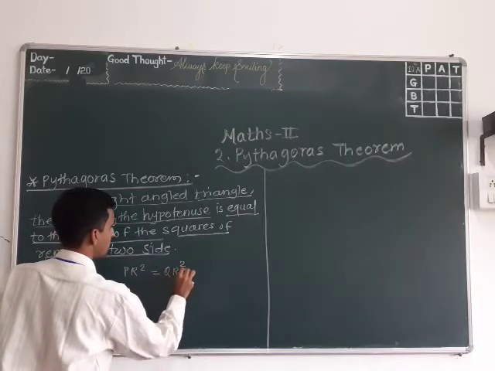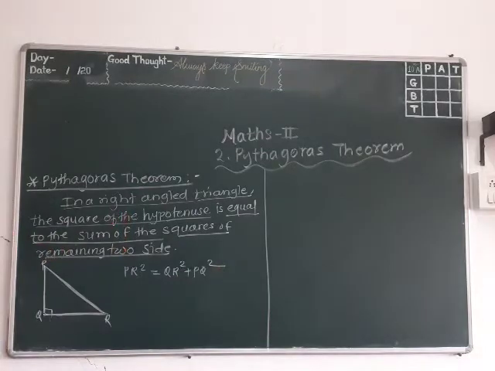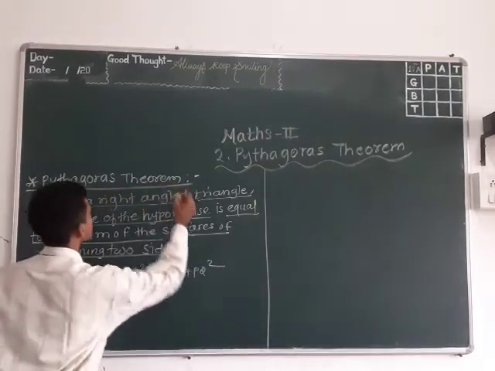QR square plus PQ square is the Pythagoras theorem.